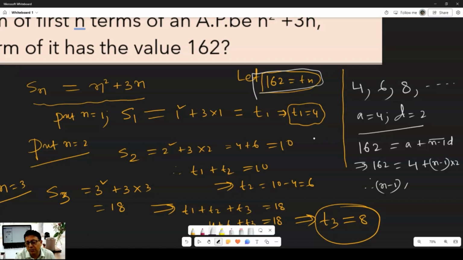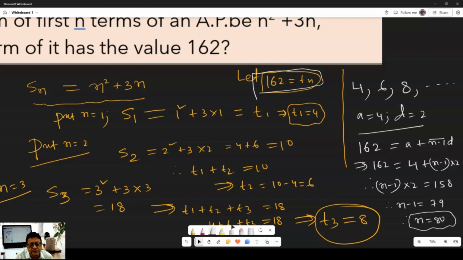Therefore, n minus 1 into 2 equal to what? 158. So, n minus 1 equal to 79. N equal to 80. So, your answer is going to be like this. Which term of it has the value 162? So, 80th term has the value 162.